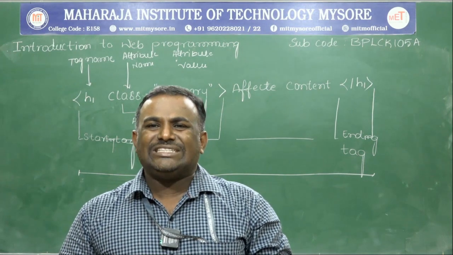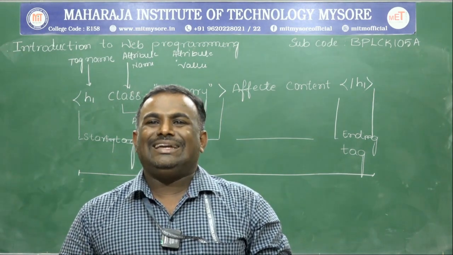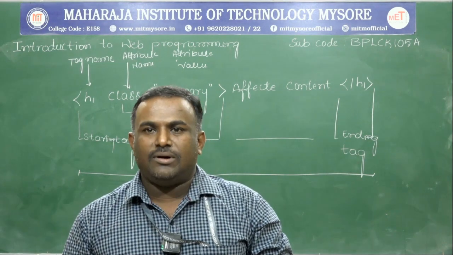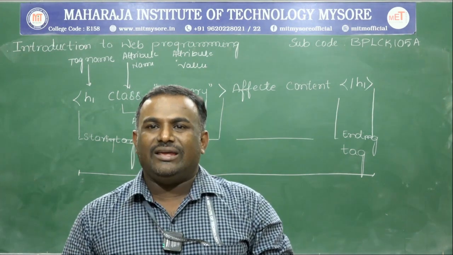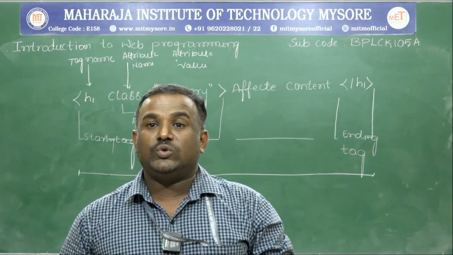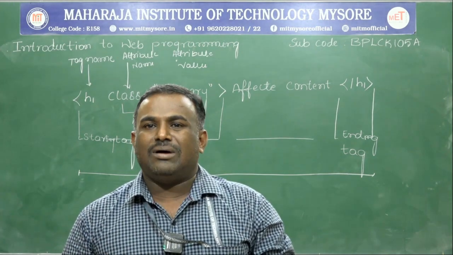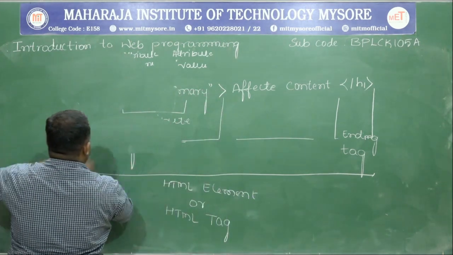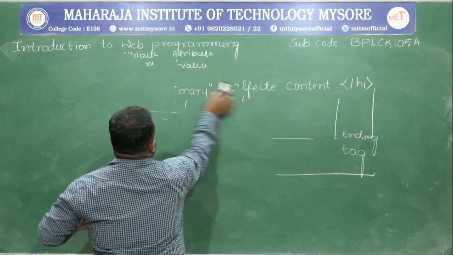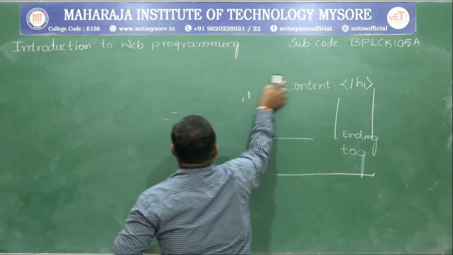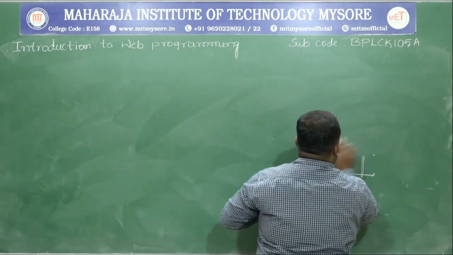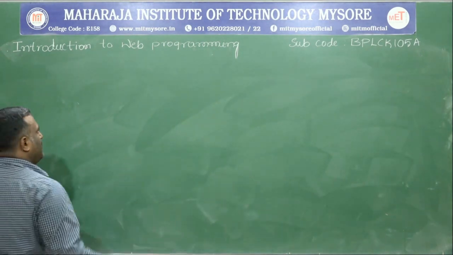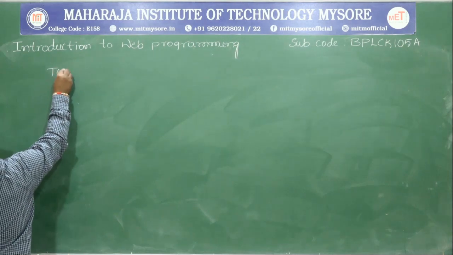First, I will explain the table: what do you mean by the table, and what elements are used to create the table on the web page. First topic name, table.